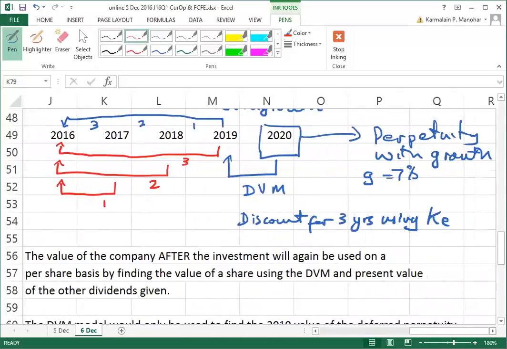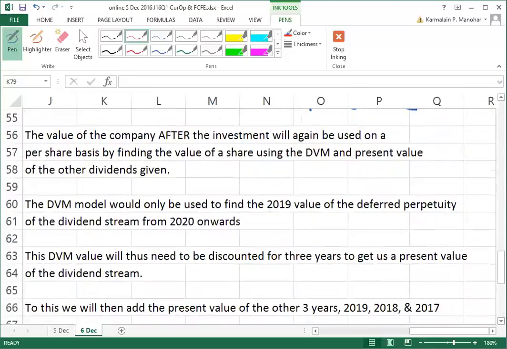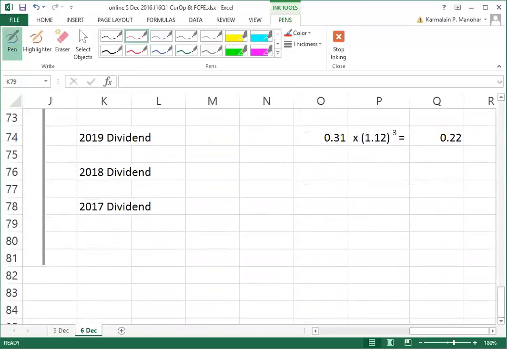Let me write it back in notation form down here for our answer. Right, 2017 dividend.